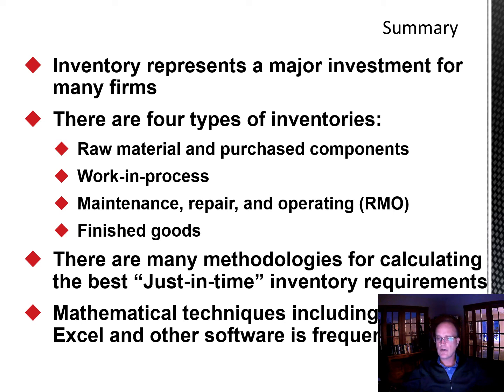And usually you are introduced to a few of them in an introductory operations management course. We're going to talk about the economic order quantity, the production order quantity, the quantity discount model, the newsvendor model. We're going to talk about uncertain lead times, uncertain demand, safety stocks, and reorder points in that circumstance.